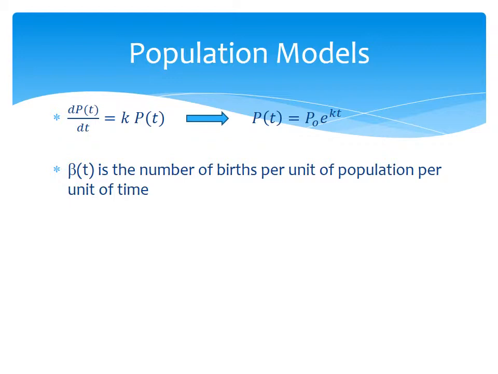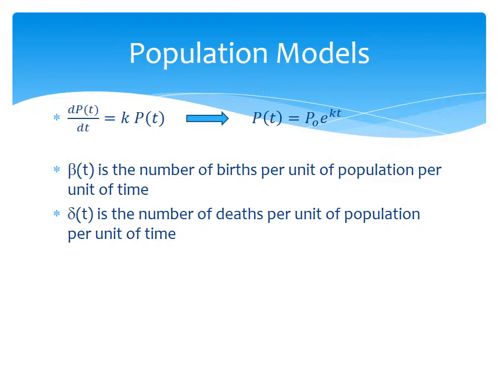So how do we get this population model? Well, first we need to know the number of births per unit population per time. We need to know the number of deaths per population per time.